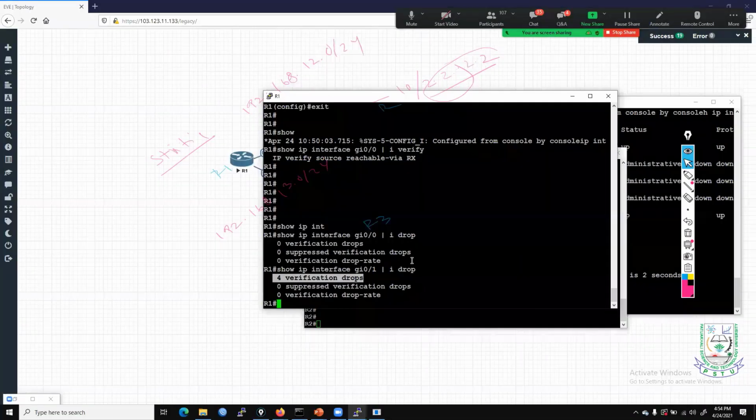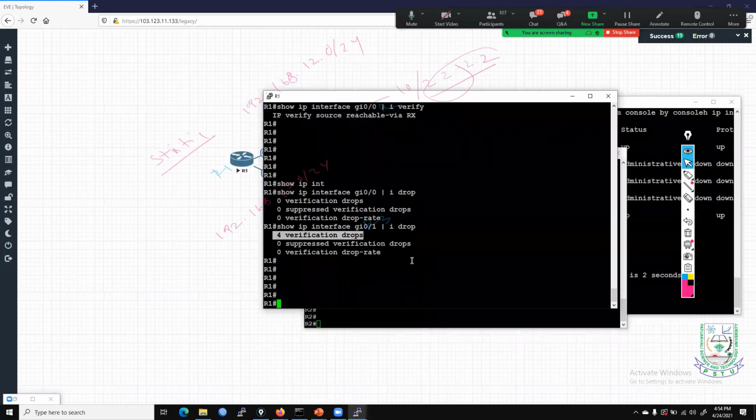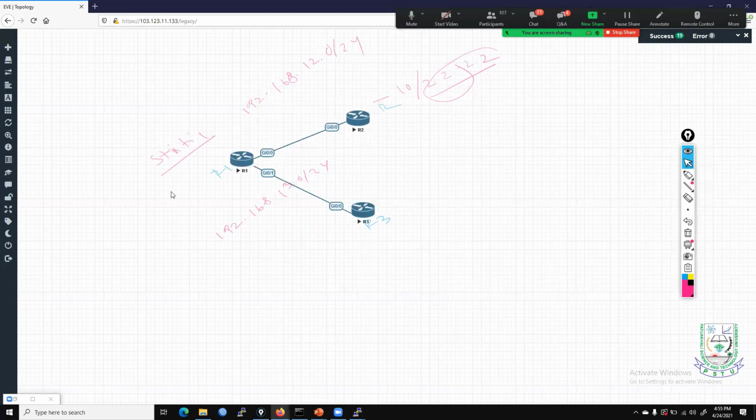So how do we configure it, and why do we use loose mode in URPF? Loose mode is configured when R1 is connected to two ISPs. When the router is connected to two ISPs, there is a chance of asymmetric routing. What is asymmetric routing?